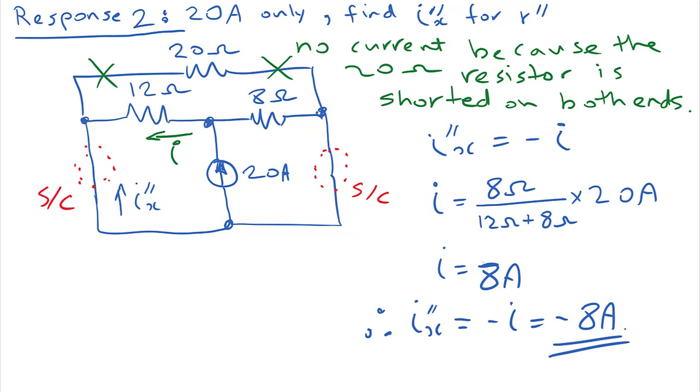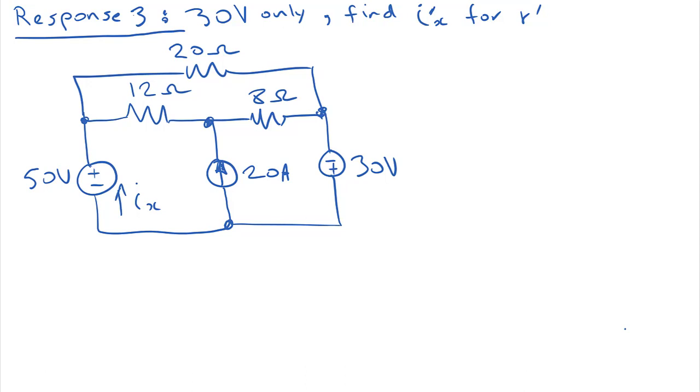Okay, and then for the third response, we are calculating for the 30 volt source only, and then we're going to zero the current source, and we're going to zero the 50 volt source. So let's zero the 50 volt source. So that's gone, and this becomes a short circuit.